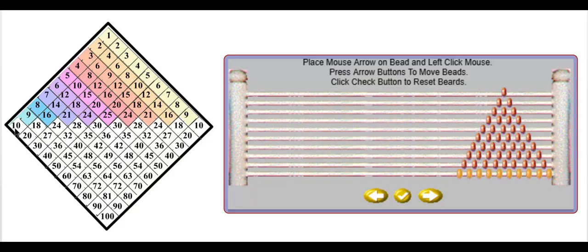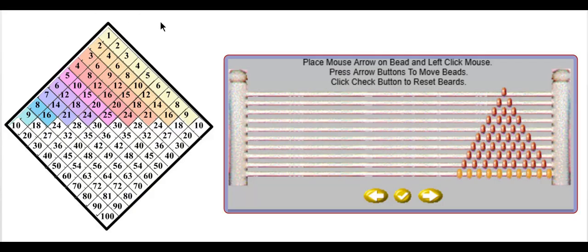And then we have a boundary, a diagonal boundary of white squares right along the mid diagonal of the diamond.